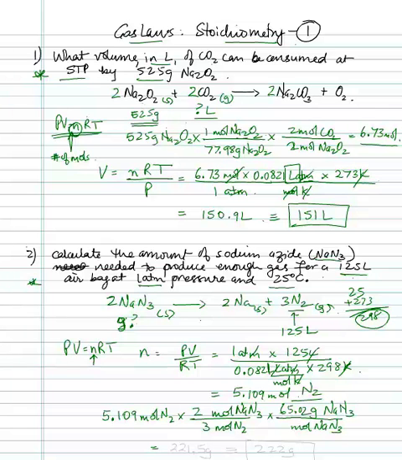This is equal to 221.5 grams of sodium azide, which if you want you can round off to 3 significant figures, 222 grams of sodium azide. That's our final answer. So those two problems have a different approach when you start solving them.